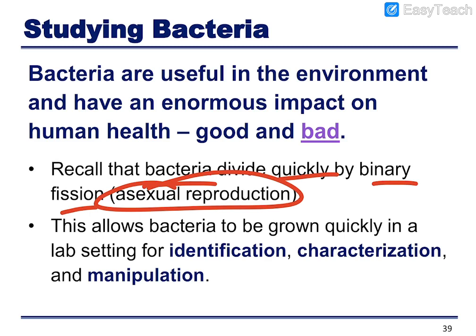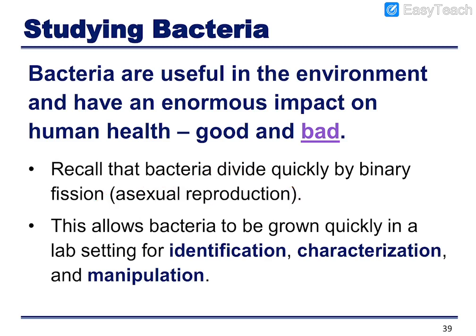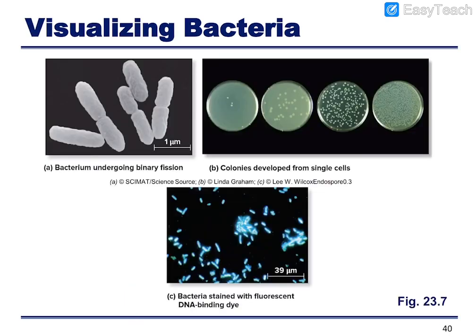Remember, bacteria divide quickly by binary fission, which is an asexual method of reproduction. And this allows for bacteria to be grown quickly in a lab for study, which makes them easy to identify, characterize, and manipulate. When you are in the lab, there's several methods of visualizing bacteria.